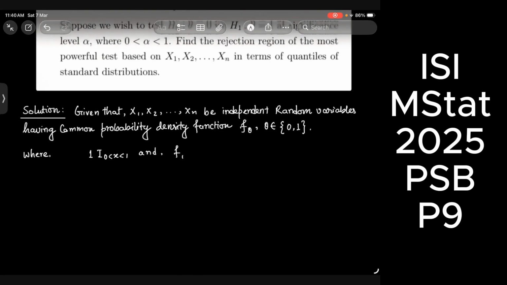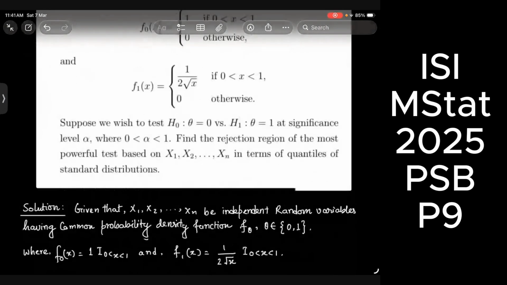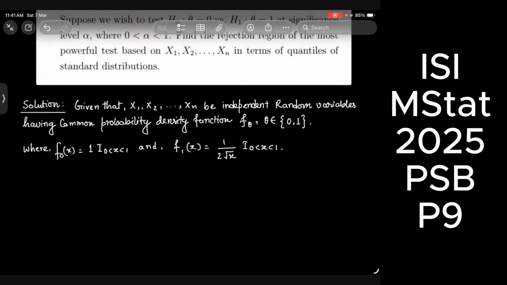What we are given is, suppose we wish to test, so let's write it down.